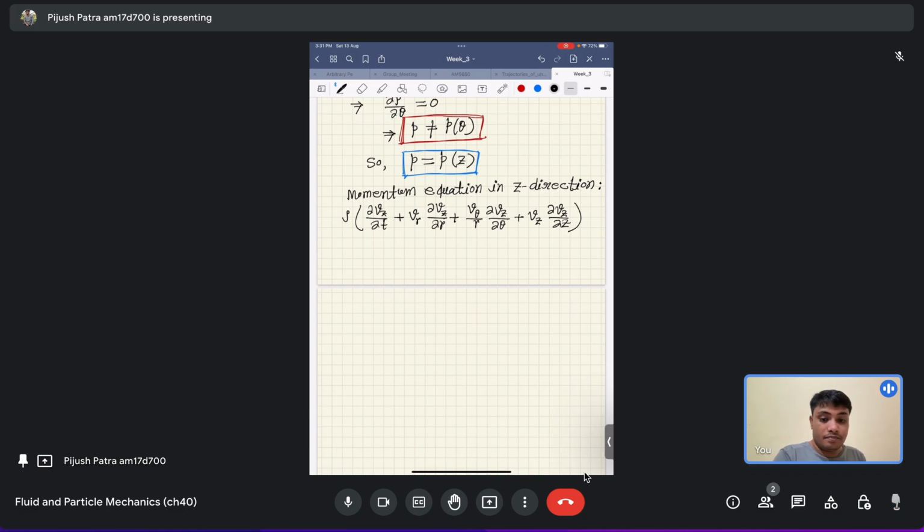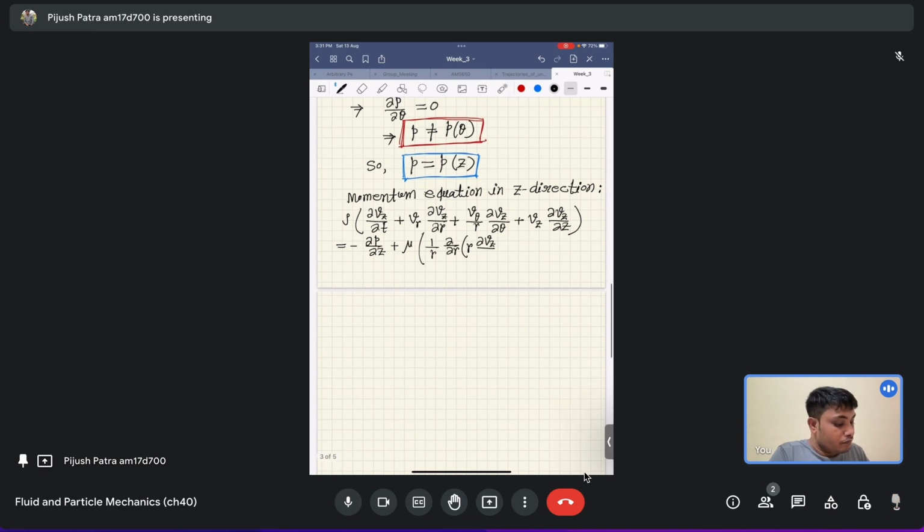left hand side of the Navier-Stokes equations in this case in cylindrical coordinate system, equals minus ∂p/∂z plus mu into 1/r, again the same term, ∂/∂r of r ∂Vz/∂r.